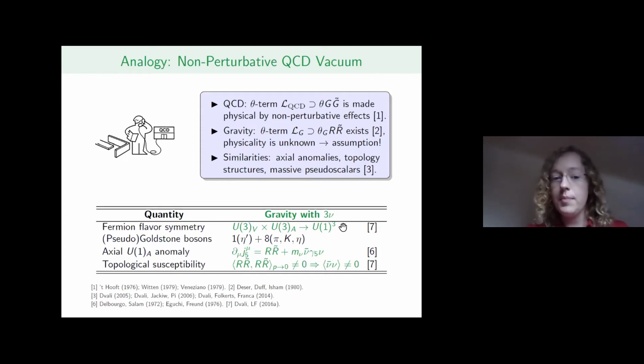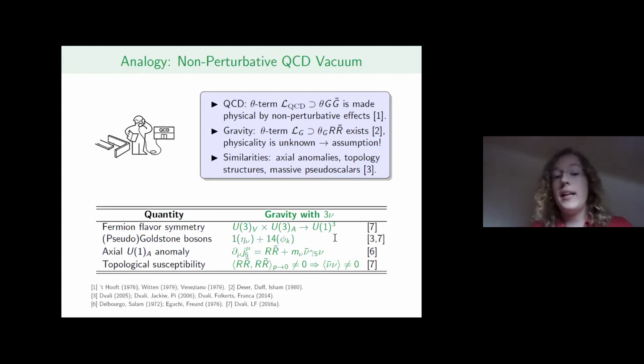Because in QCD, this mass contribution through the condensation is equal for the 3 flavors. So we have an equal contribution to the up, down, and strange quark mass from the quark condensate. And in our case, we want to have hierarchical masses, so different masses for the 3 neutrino species. And this means we have to break the symmetry down to U1 cubed.